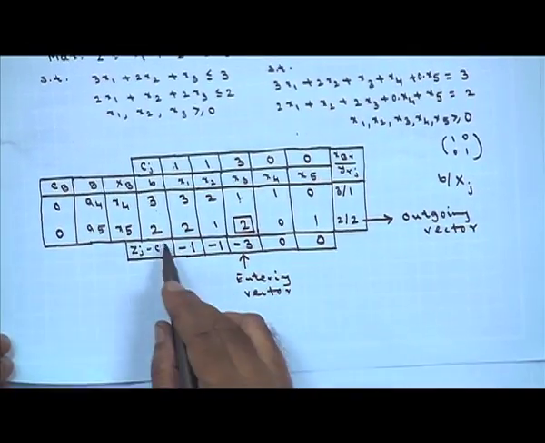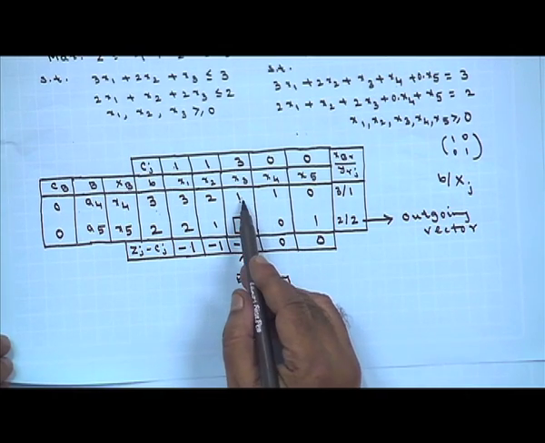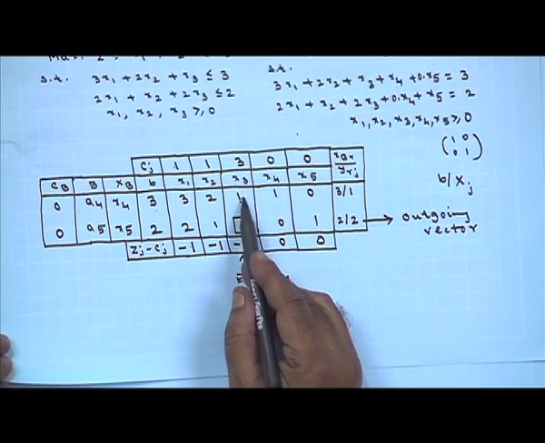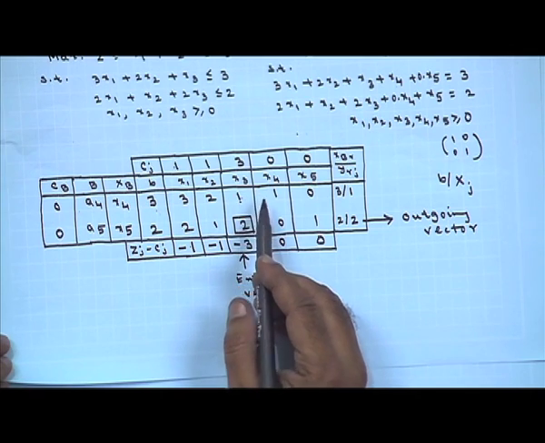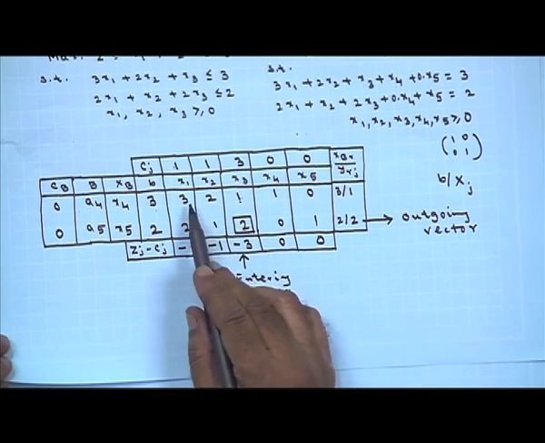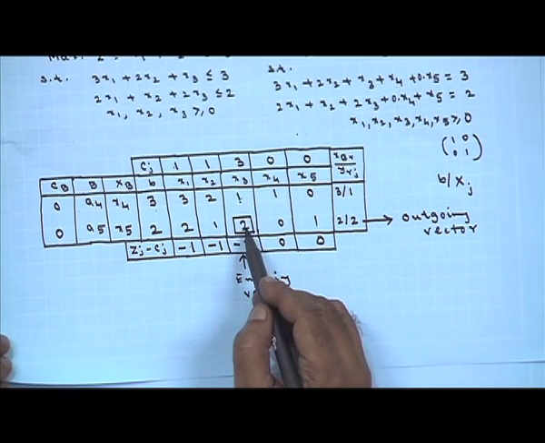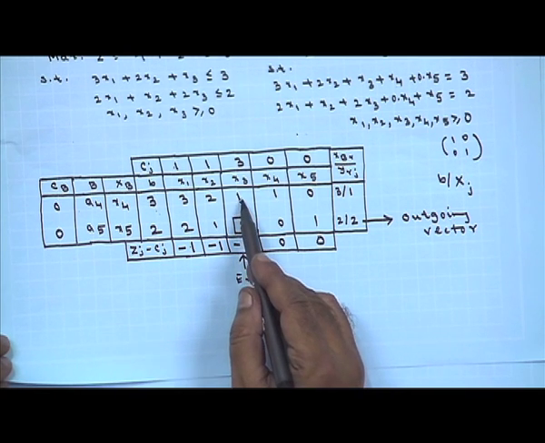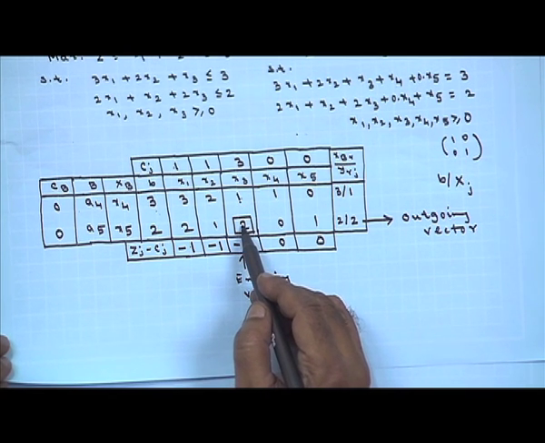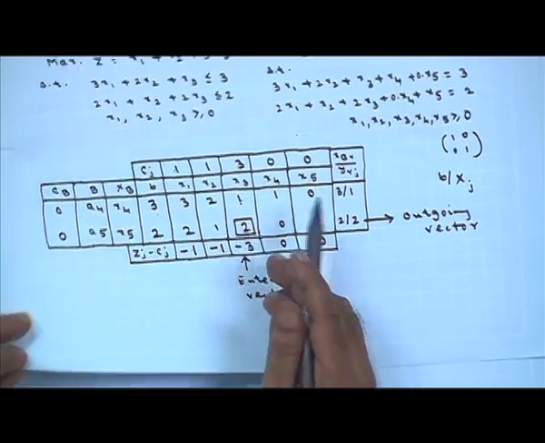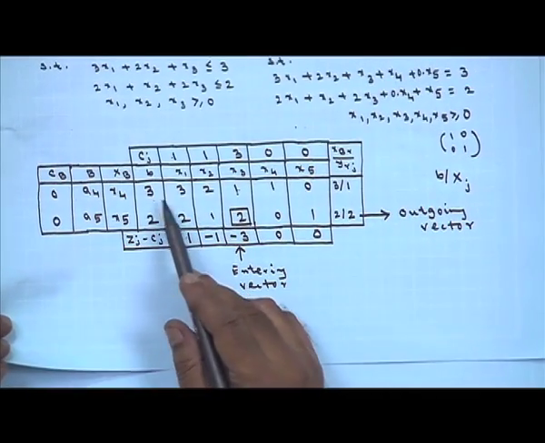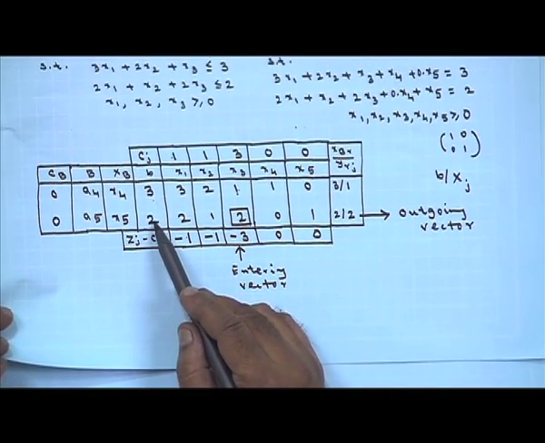Now, to make this element in this column 0, I have to do first row minus second row divided by 2.